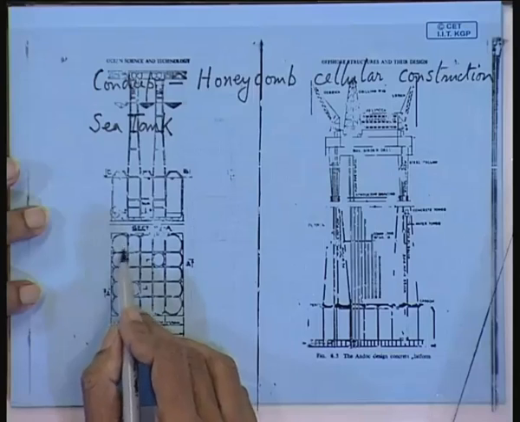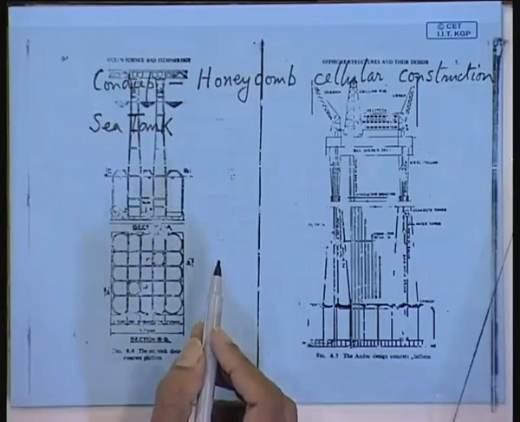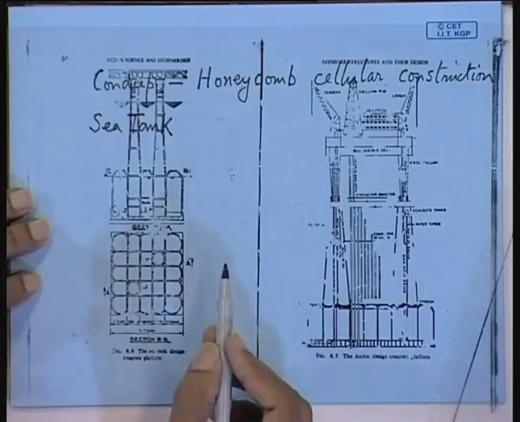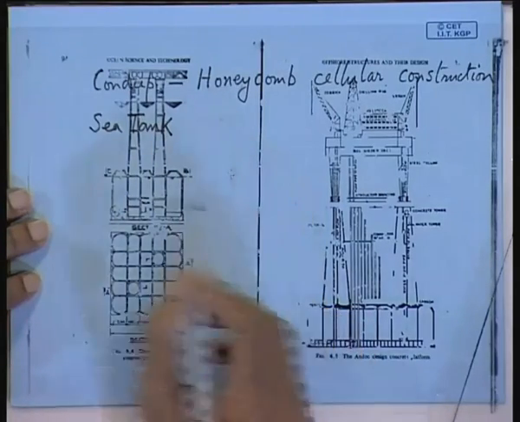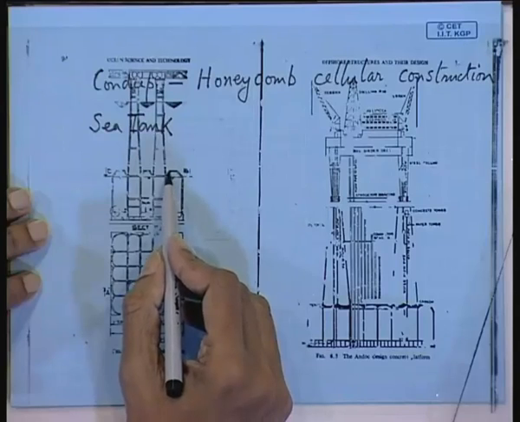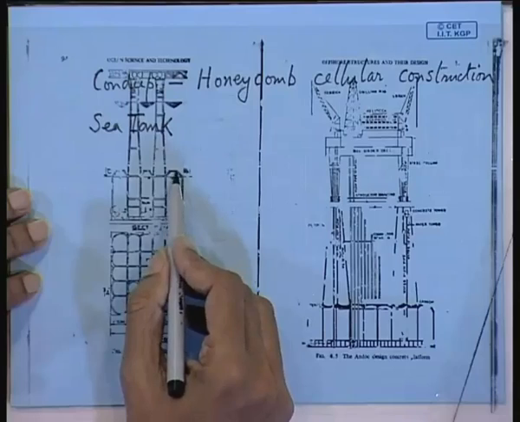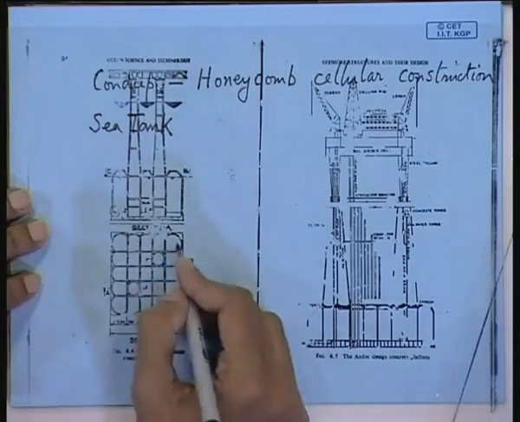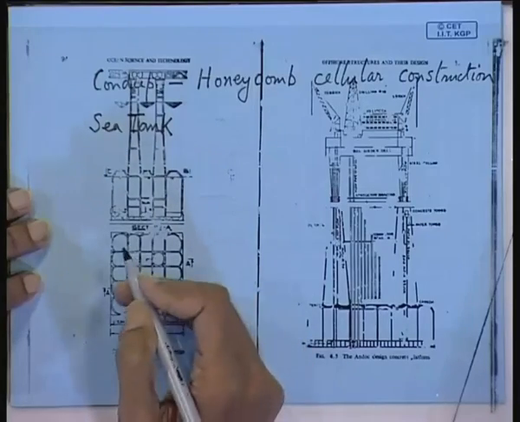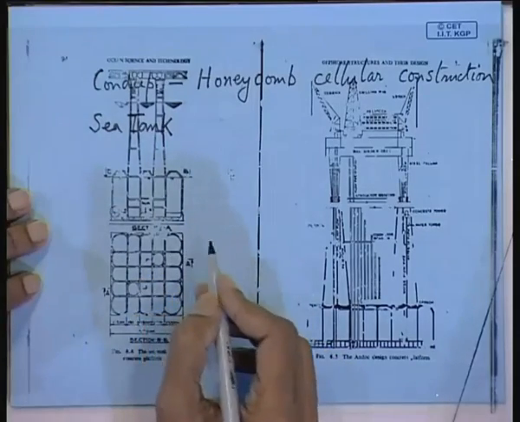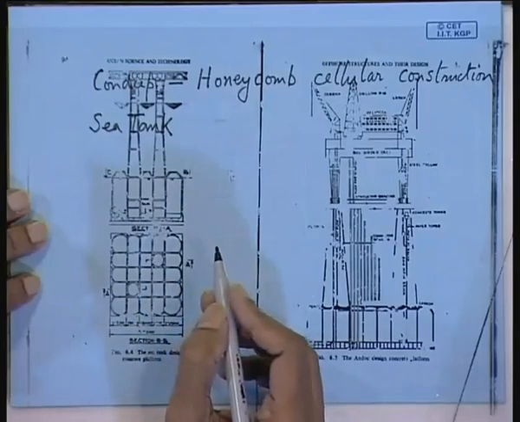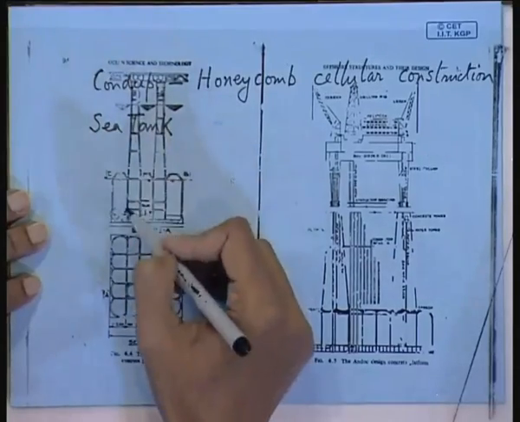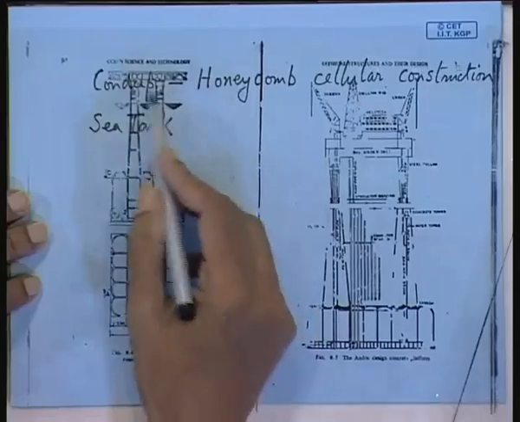These are walls which are common to the next cell. So this is the sea tank design. And the dome, instead of being curved, is given a flattish nature, so this is easier to build. This sort of structure is easier to build, and the same columns you can slip form and take the deck on top.